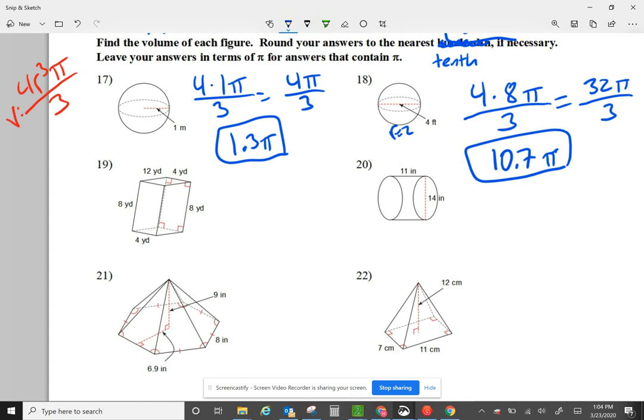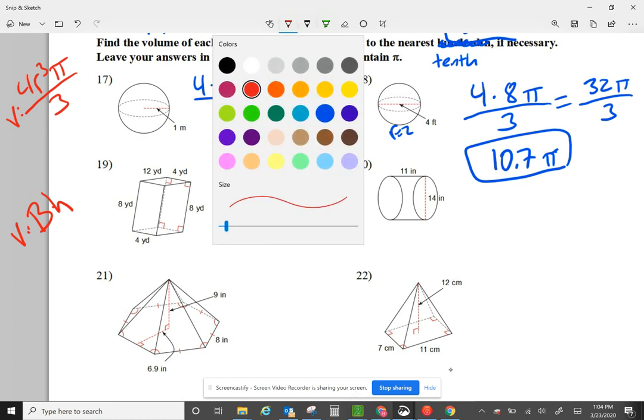Then looking at questions 19 and 20, going back to like 2 weeks ago, we did the volume of prisms and cylinders. In this case, we said the volume was going to be the area of the base times the height. Looking at number 19, let me get the area of the base first.